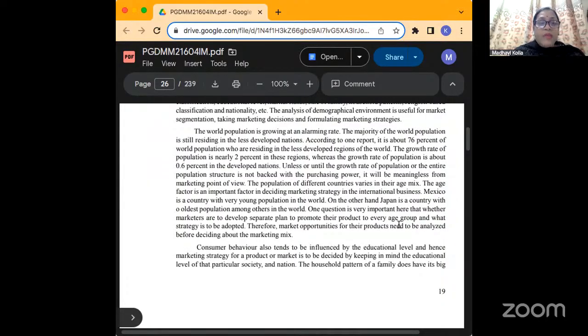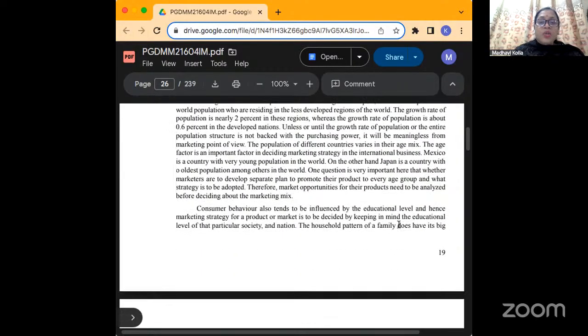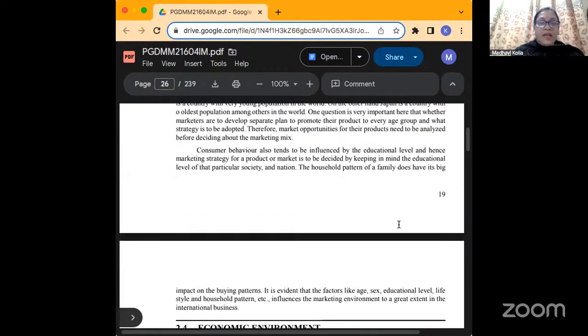So that is why we need to understand the ethos of each country, each region before we start selling. So it's also important to understand that consumer behavior tends to be influenced by the educational level, and hence marketing strategy for a product or market is to be decided accordingly.